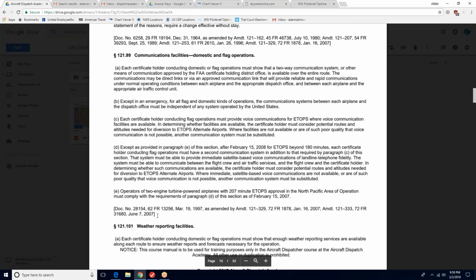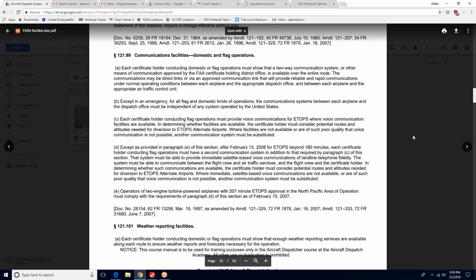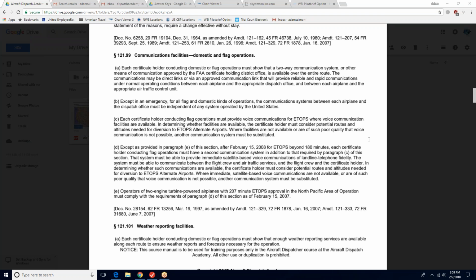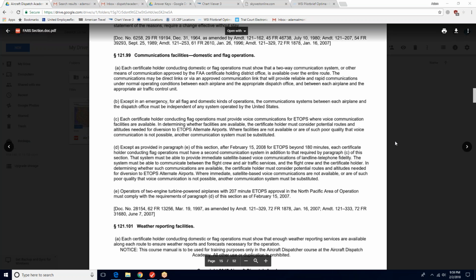Can everybody see that good? This is telling us that each certificate holder, which just basically means airline in our case, conducting domestic or flag operations must show that a two-way communication system or other means of communication approved by the FAA, the FAA Certificate Holding District Office, is available over the entire route.